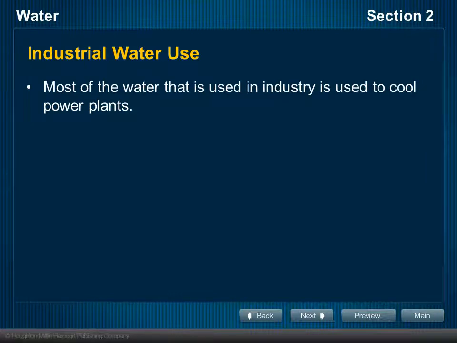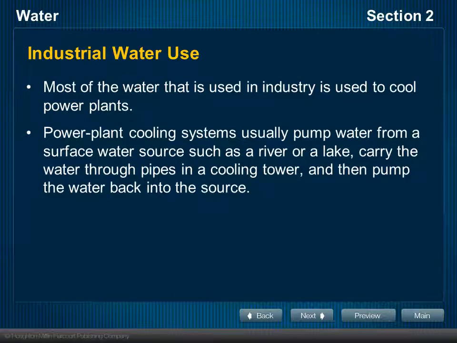In fact, the water used in an industrial setting can do lots of different things, but most of it is used to cool power plants. And the way this works is you have power plant cooling systems. They're generating electricity, nuclear power plants or coal burning or whatever, and they need to have the ability to cool off as the equipment gets really hot. The system is driven by heat, and what they'll do is pump water from surface water.